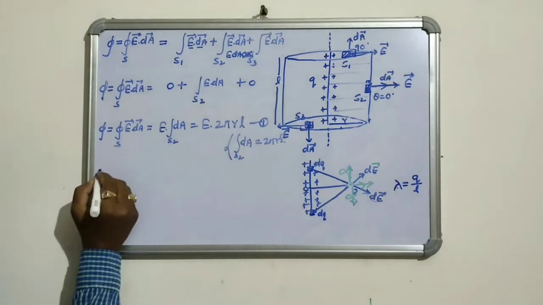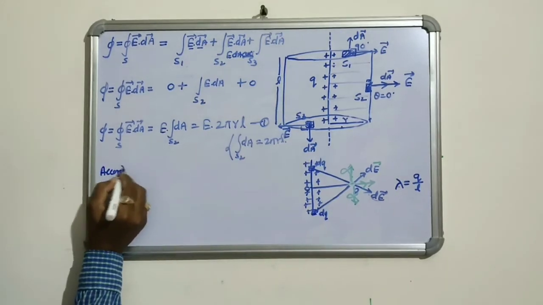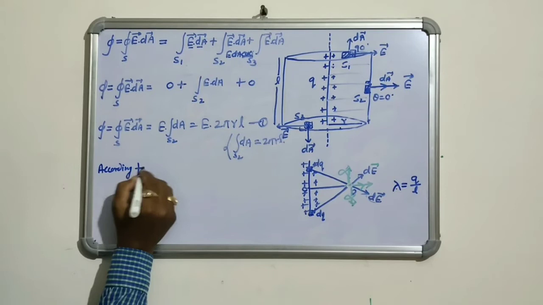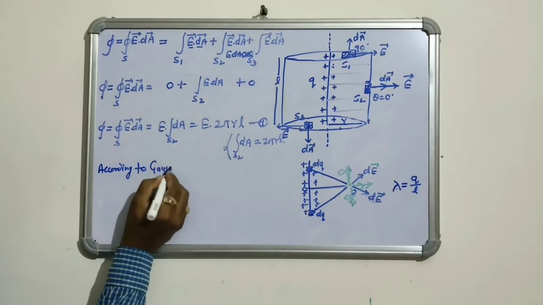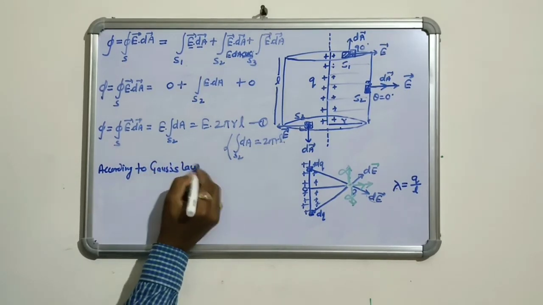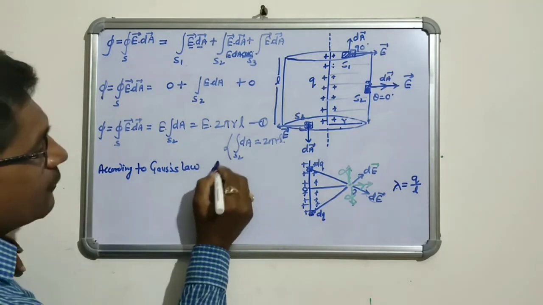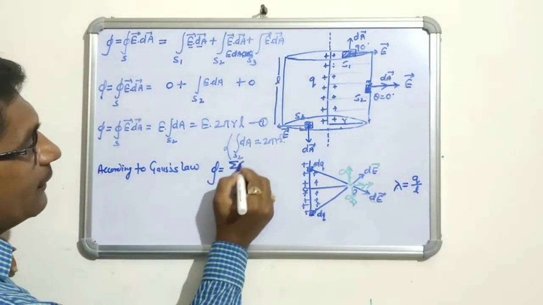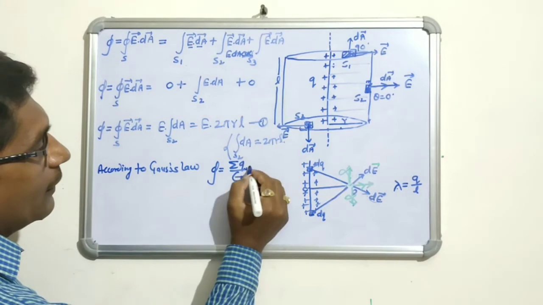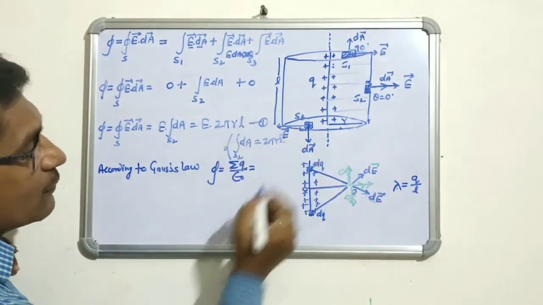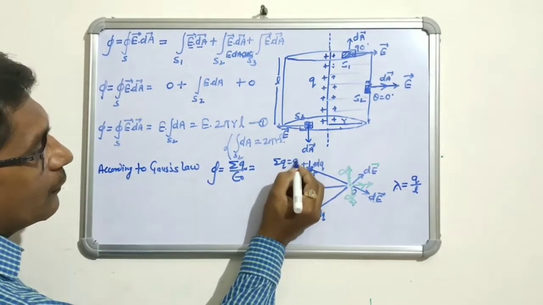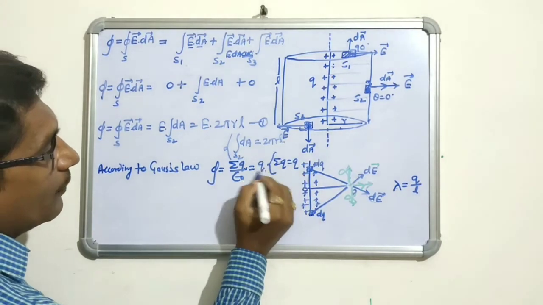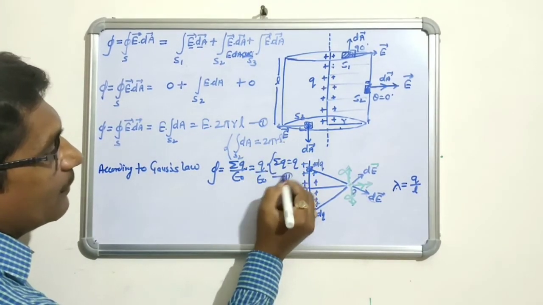And according to Gauss law, phi equals to net emitting flux equals to net charge enclosed by the surface, sigma q equals to q, that's why q upon epsilon naught. This is equation number 2.